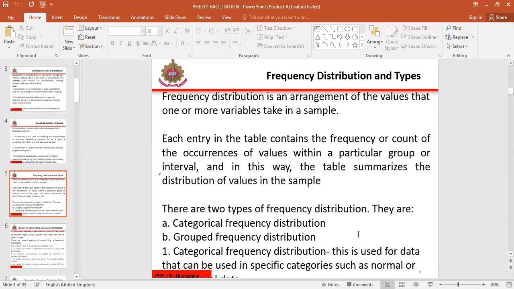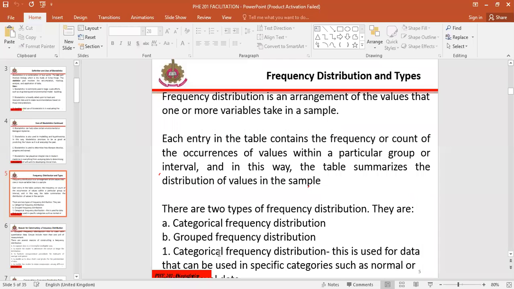Now, what they are trying to say is that if you have categorical data, there are numbers that are specific, even in the way they have been presented in the data that you have.